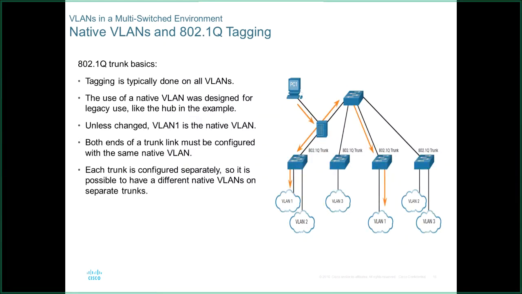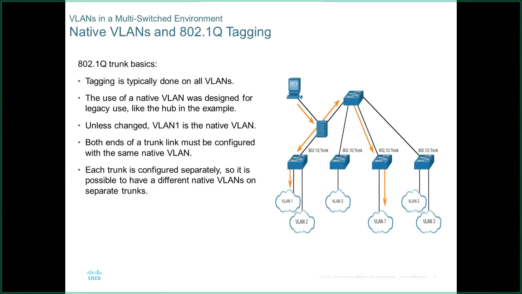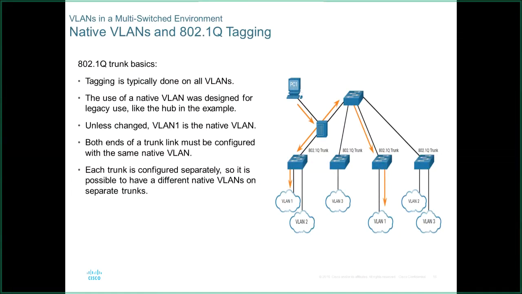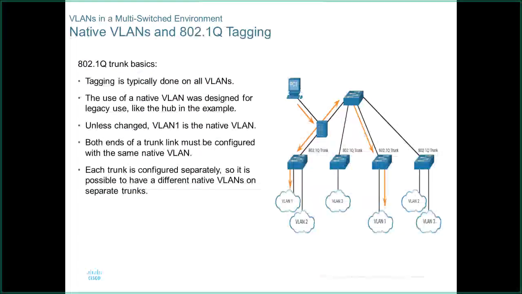So tagging, as I said, is done on all VLANs except for the native VLAN. And the native VLAN needs to be defined at each end of the trunk. If they are not defined the same, you're going to have what's called a VLAN mismatch. So you're going to have errors occurring within your network.